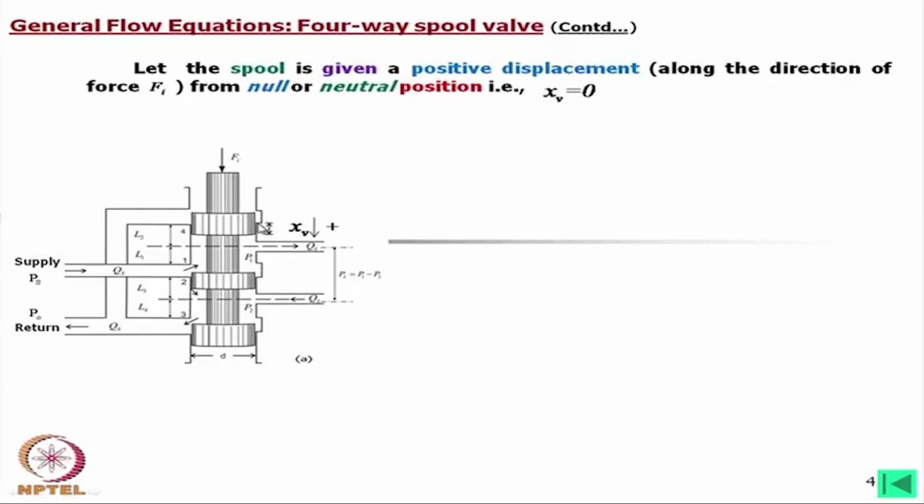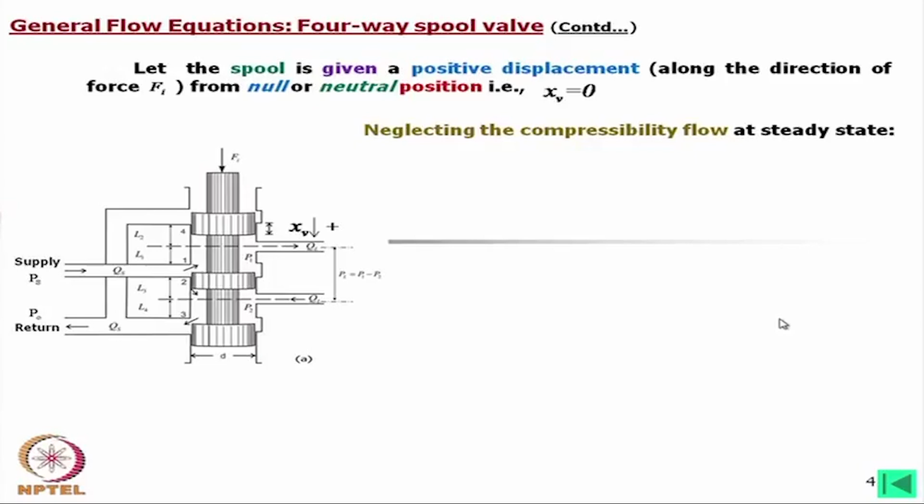To avoid that, slight overlap is used. So, we have to take care of that overlapping portion while we are ultimately calculating the xv, the spool movement or orifice opening, inside the equations which we are going to develop.